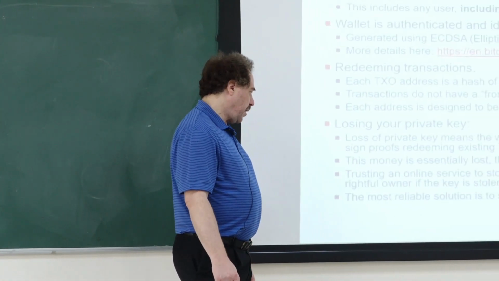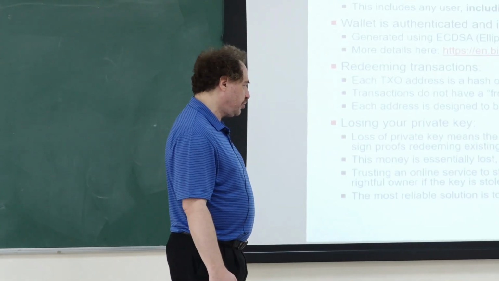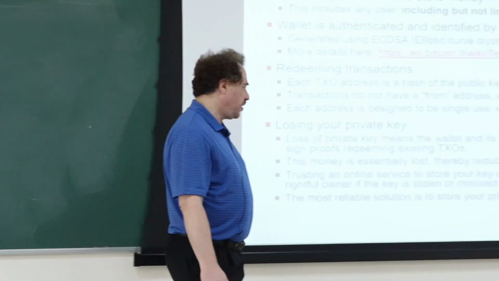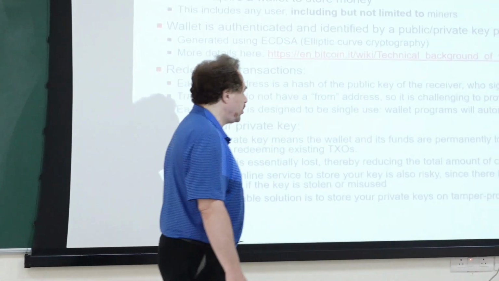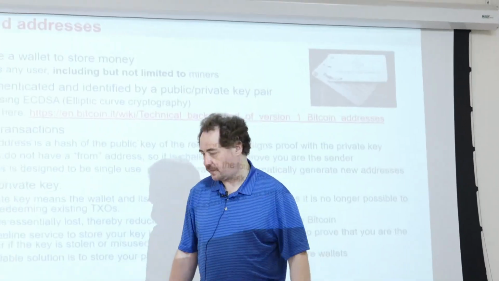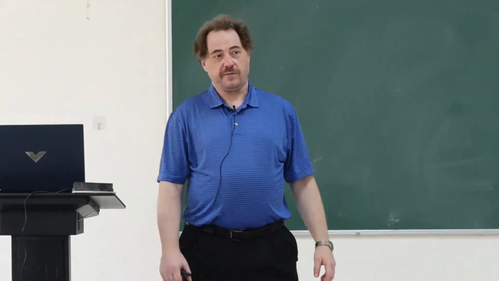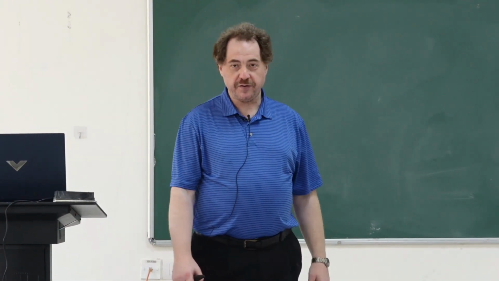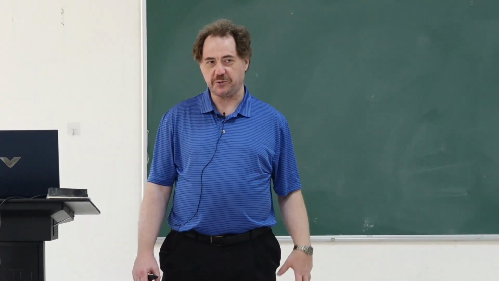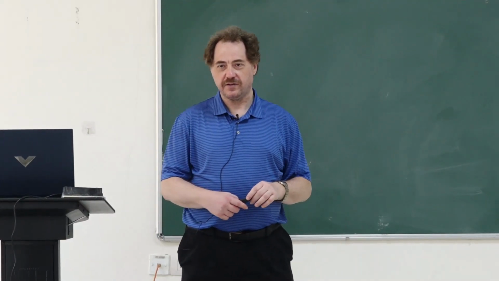And in practice, probably what's generally considered the most reliable solution is to store your private key on tamper-proof hardware wallets, such as this one. Of course, you need to be careful with how you handle the wallet, where you store it in your house, right?